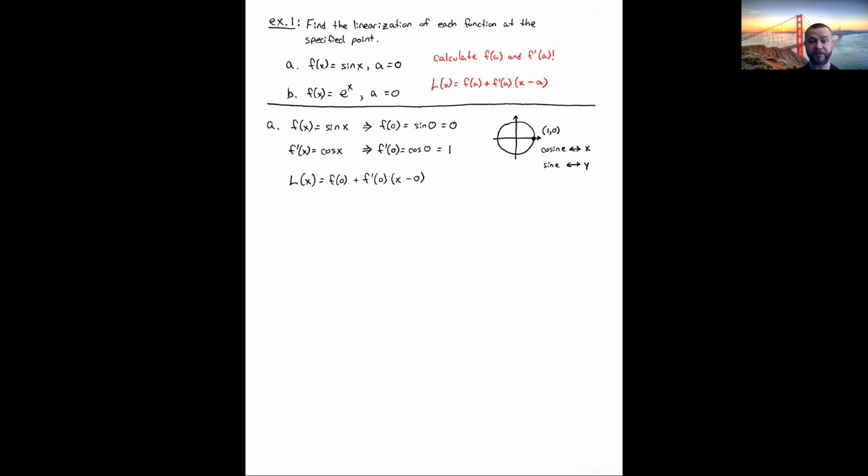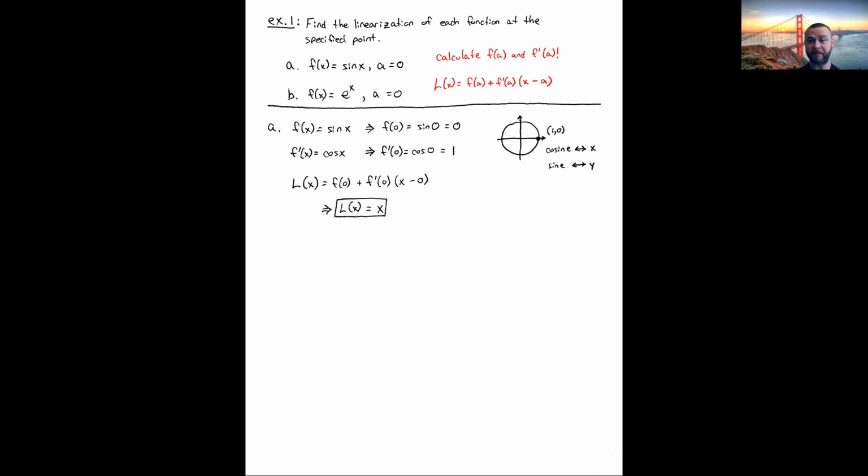All right, with that, it's just a matter of plugging all this into our linearization. Here we're using a as 0. If you plug in your values, f of 0 is 0 and f prime of 0 is 1. That simplifies down to a very simple formula for the linearization: L of x is just x.